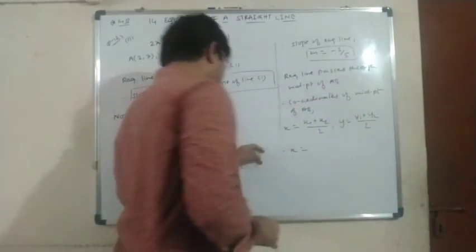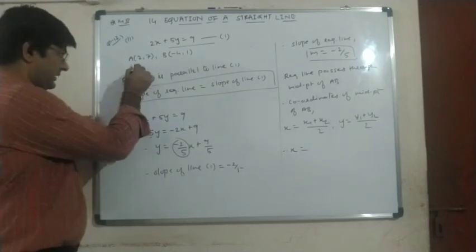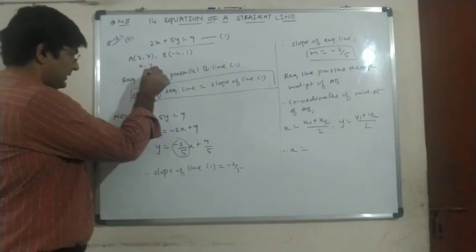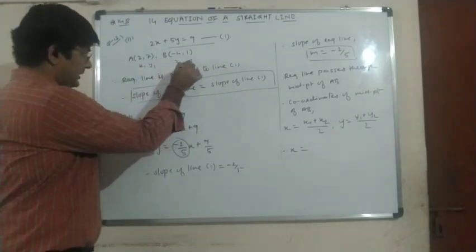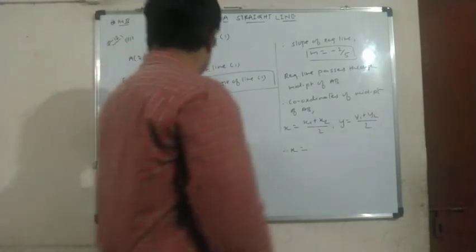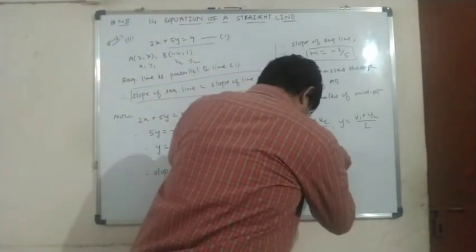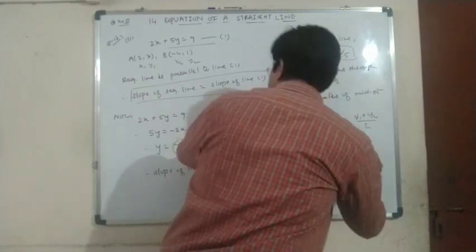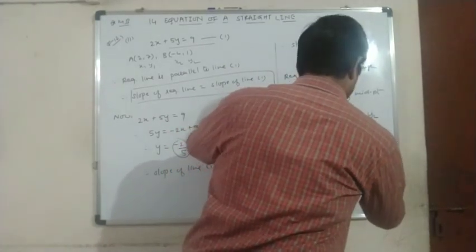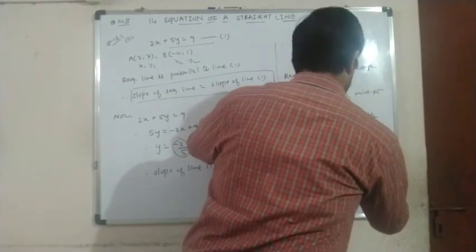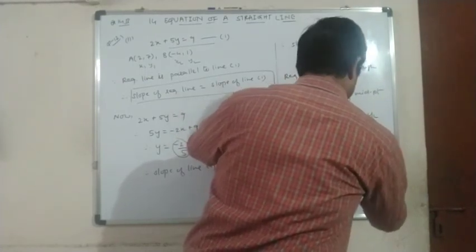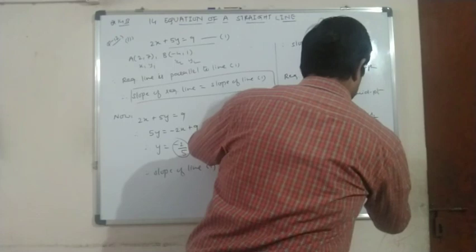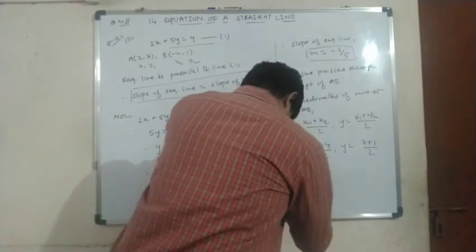Therefore x is equal to, x1 y1 are the coordinates of A, and x2 y2 are the coordinates of B. So 2 minus 4 upon 2, and y is equal to minus 7 plus 1 upon 2.